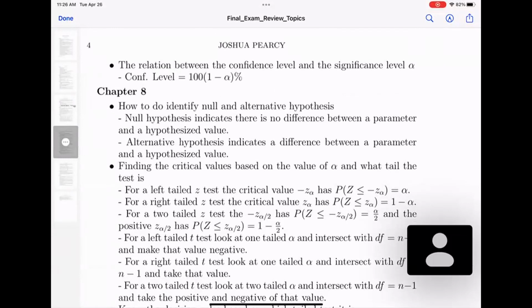In chapter 8, it was mu is equal to some hypothesized mean mu naught, or p was equal to some hypothesized proportion p naught. And then the alternative was obviously the opposite. So there was a difference between the parameter and the hypothesized value. There were three relations we could have: not equal to, less than, or greater than. And then we talked about some ways you could identify that.